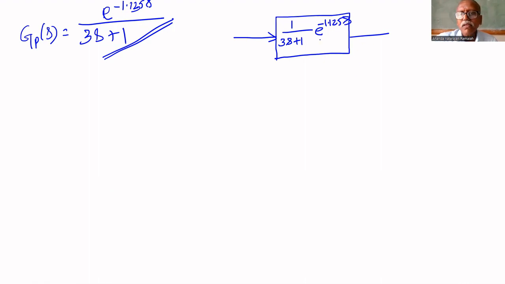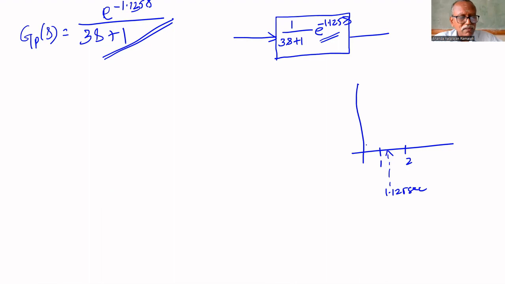So in a sampled data system, when will you get output? At the first sampling instant you won't get it, because the sampling period is 1 second, but the process has a dead time of greater than 1 second. That's why you won't get any output; till then it will be 0. This is time 1 second, this is 2 seconds, this is 1.125 seconds.